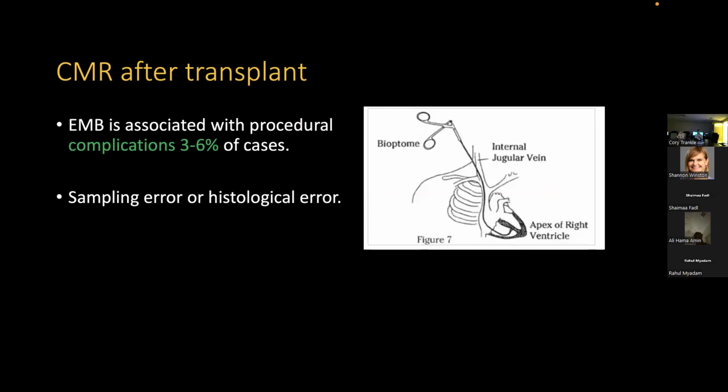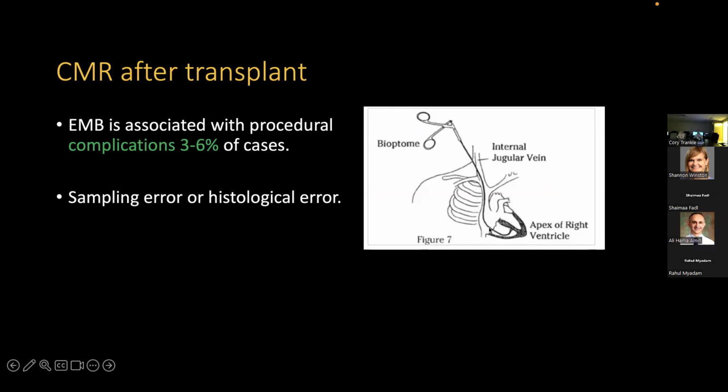Why do we care about decreasing the number of endomyocardial biopsies? Because they found that complications can happen in 3 to 6% of the cases, plus the sampling and histologic error. You need to go with the bitome through the jugular vein, all the way through the tricuspid valve, and then take a sampling through the interventricular septum.